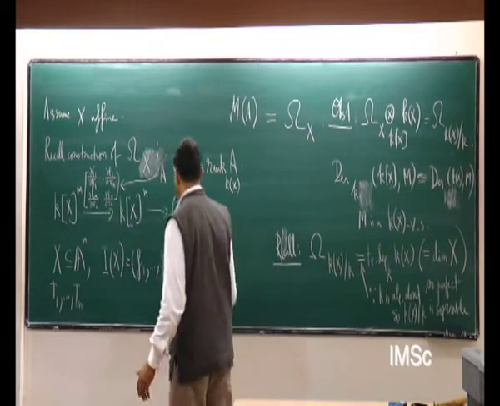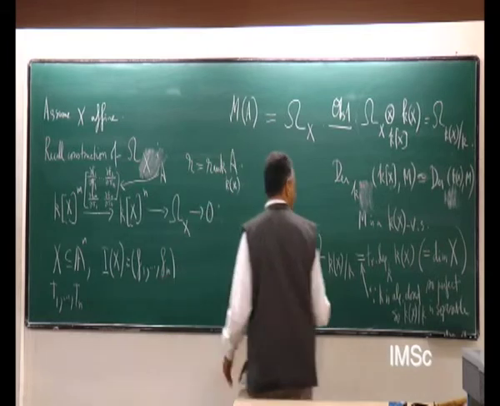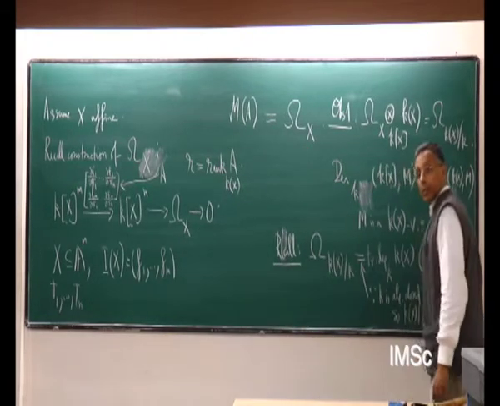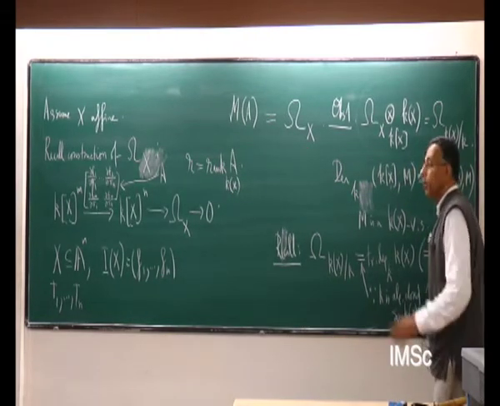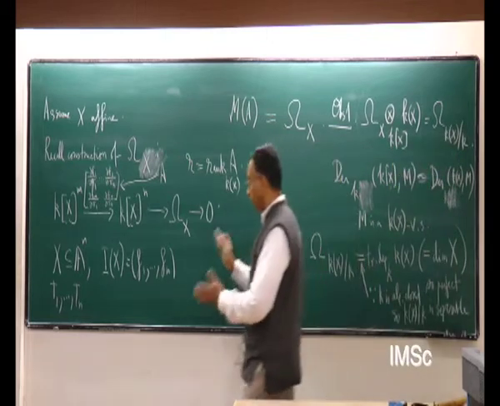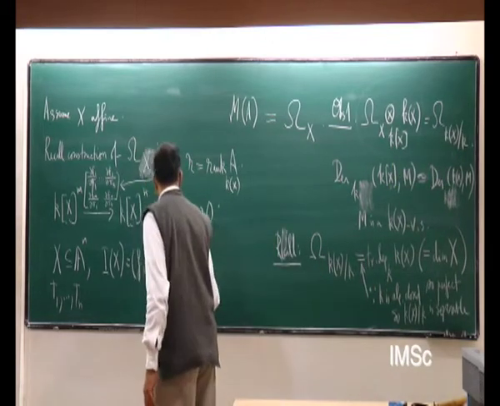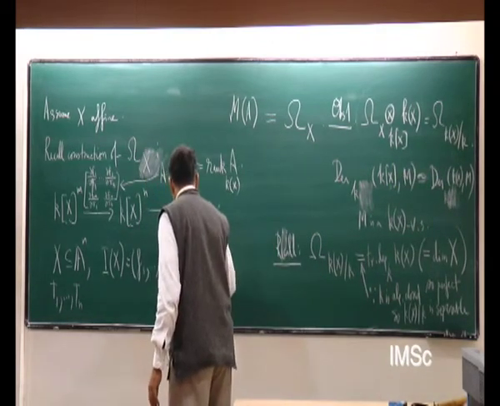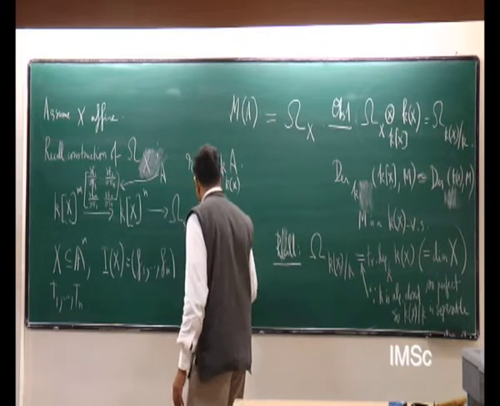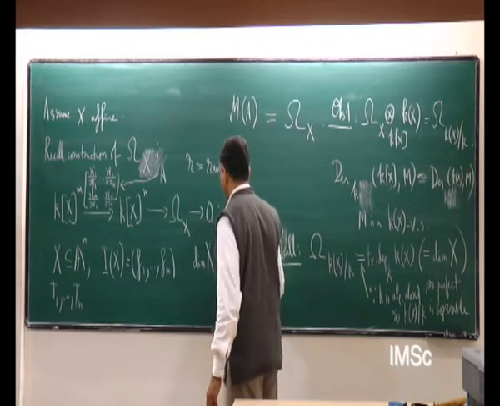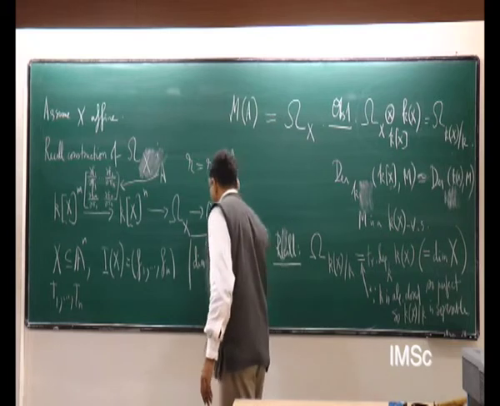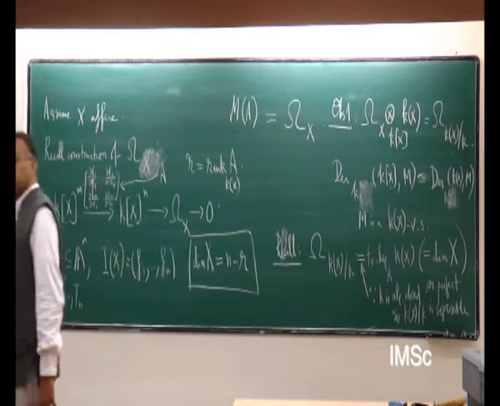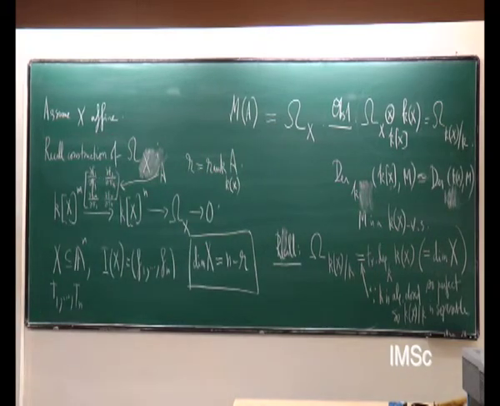Okay. So what we have is, on the other hand, that's equal to the dimension of x by this. So we have proved that the dimension of x is equal to n minus r. This is what we have proved. So we've related the rank of that matrix to the dimension of x.